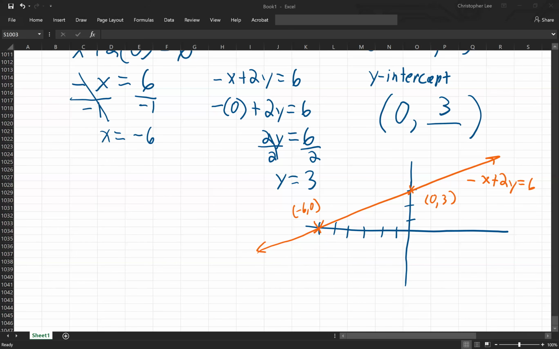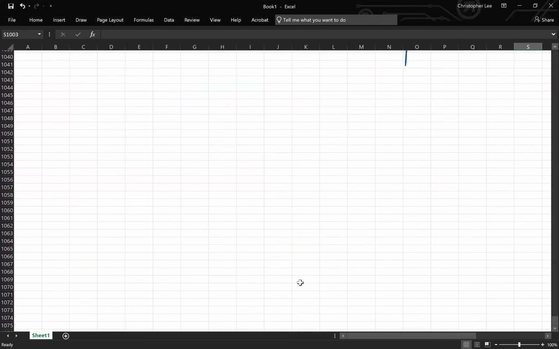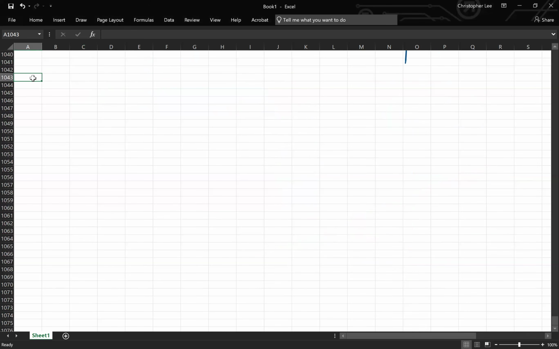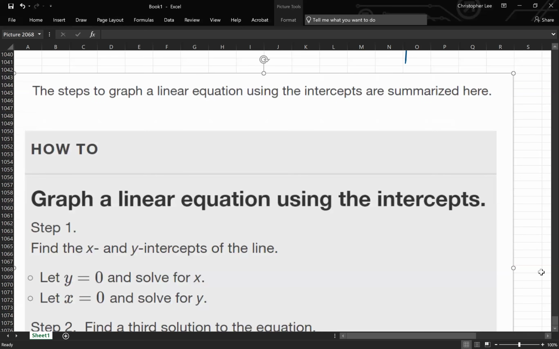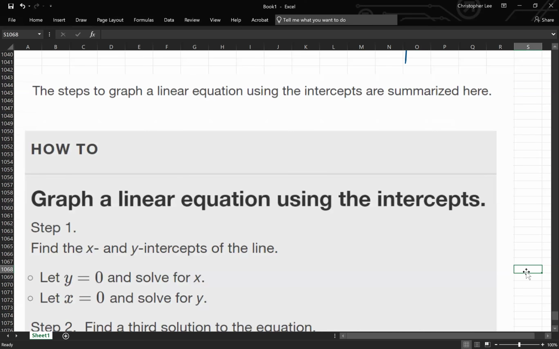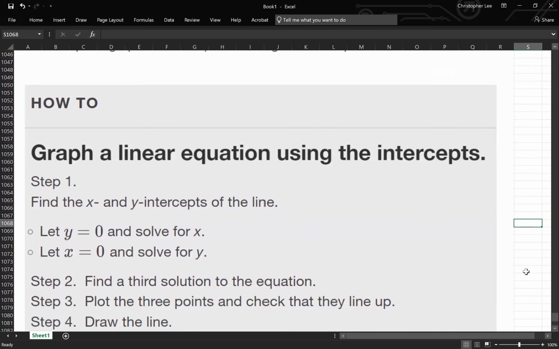All right. But before I jump into that, though, I just want to give y'all some notes. Just for those of you that like notes, I got y'all. So here you go. These are the steps to graph a linear equation using the intercepts, right?